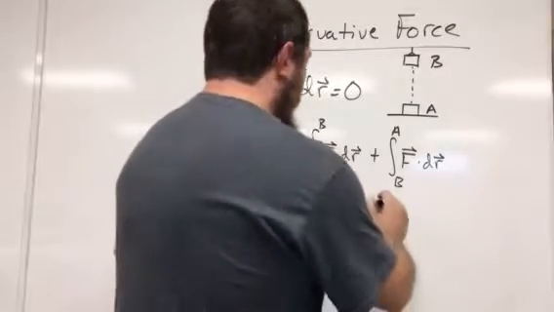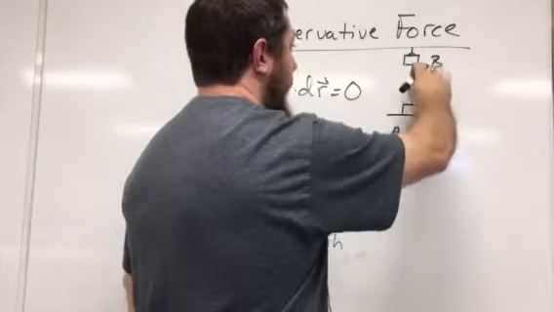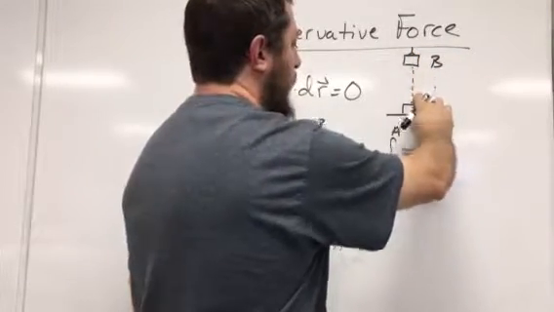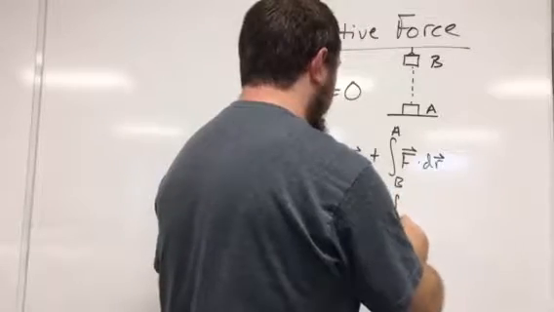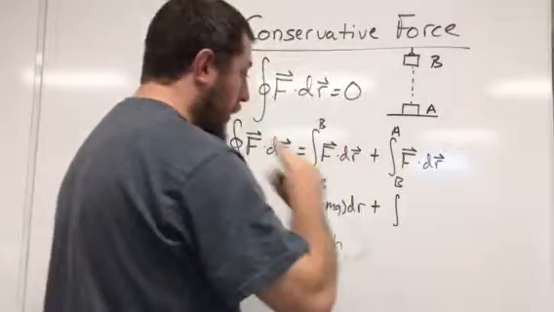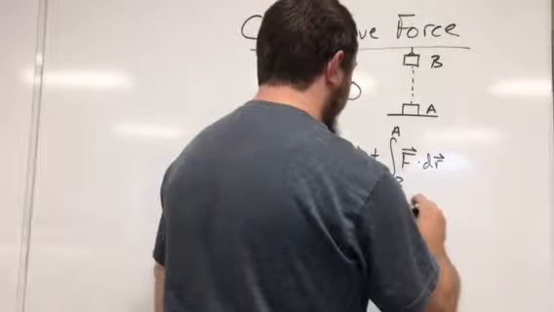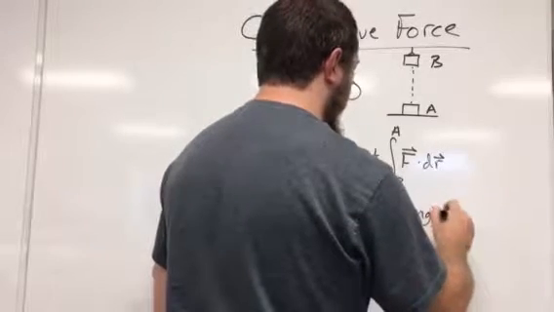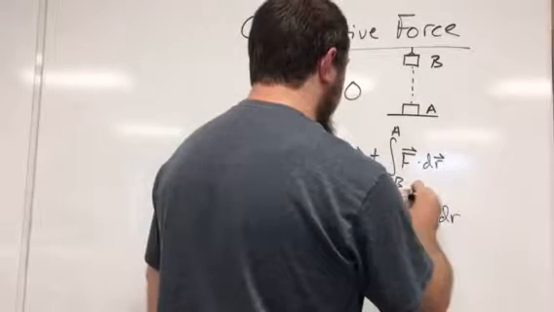So F dot dr: gravity is acting downward and the displacement is downward, so they're in the same direction, and the cosine of the angle between them is again 1. I can write negative mg dr, this time from b to a.